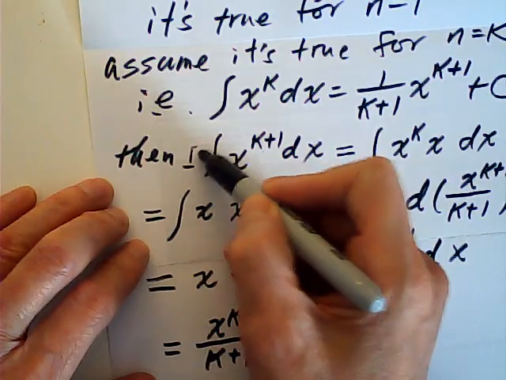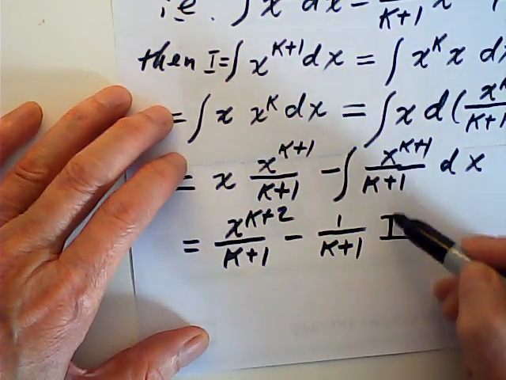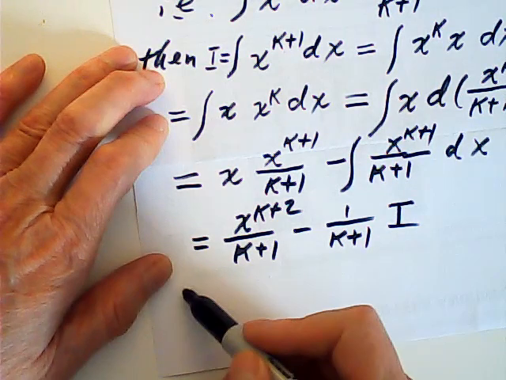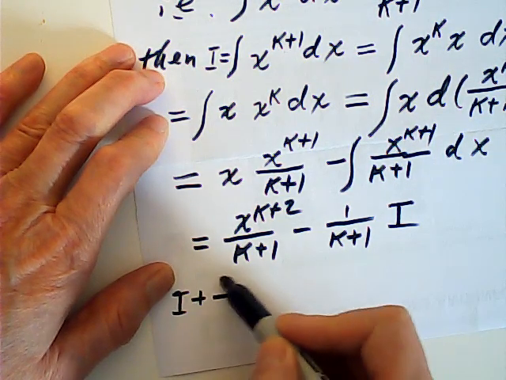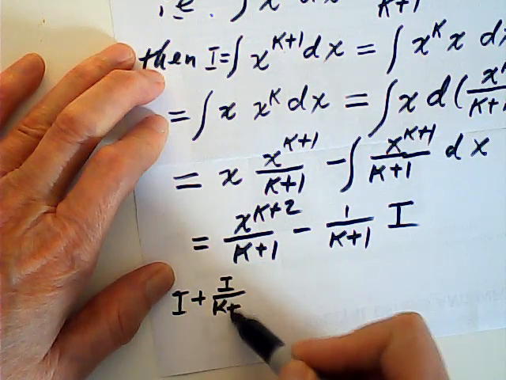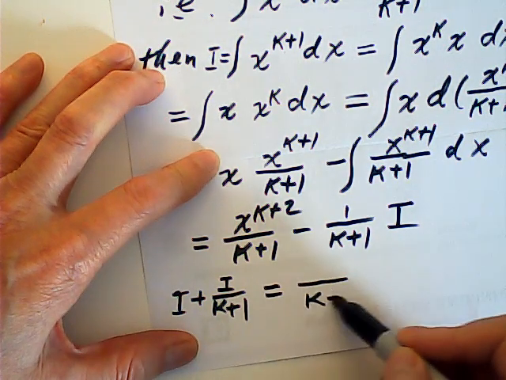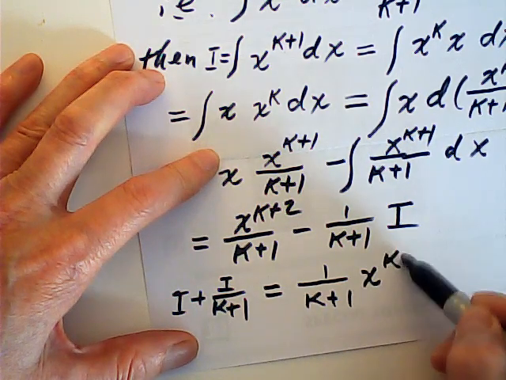So this is I, right? This is I. So this is my original integral. Then I move this one over there. Therefore, I plus I over k plus 1 is equal to 1 over k plus 1 times x to the power of k plus 2.